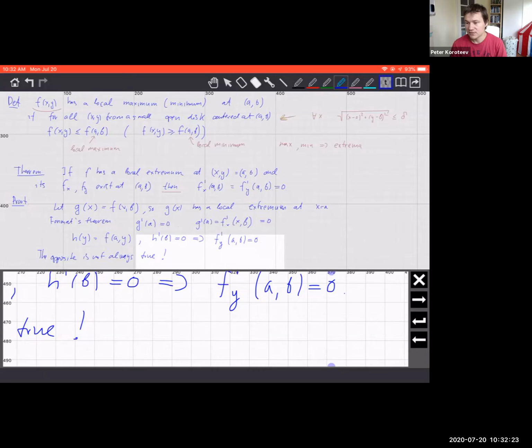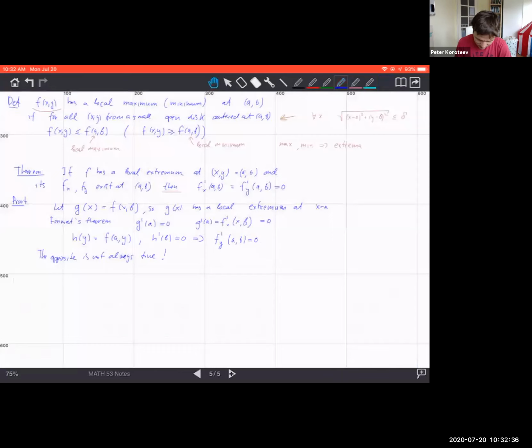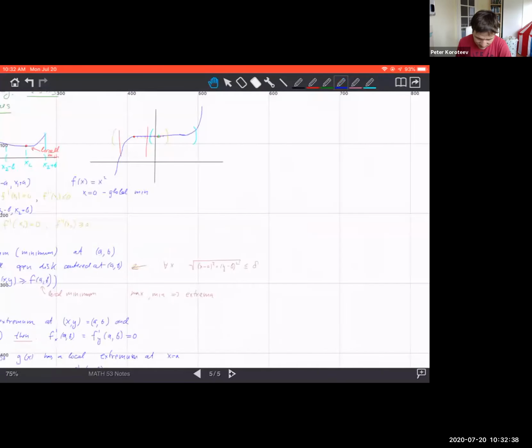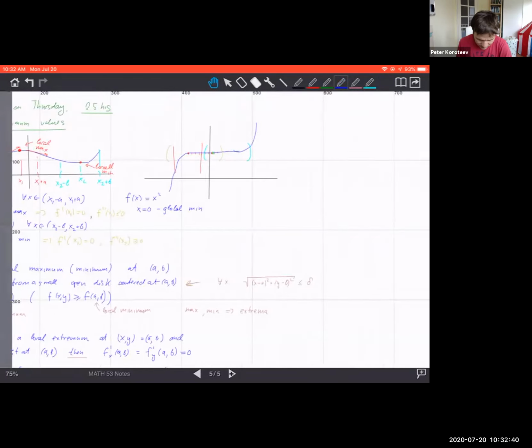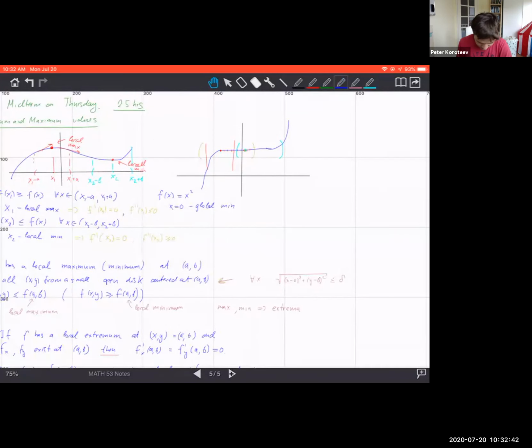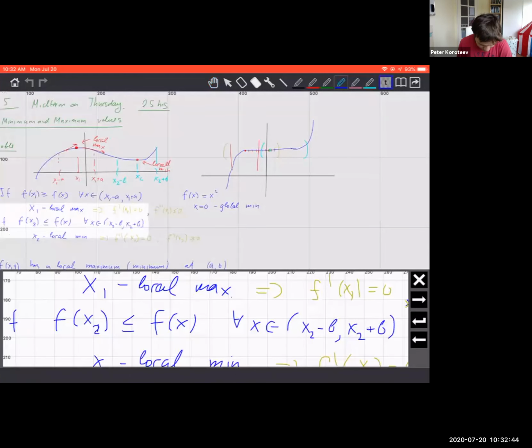Well, actually, Sarah is saying if you take a function y equals x cubed for one variable, the derivative is 0, but there is no local minimum or maximum. So let's get back to my comment in the beginning. Because we define local minimum or local maximum, as you see here... Oh yeah, I'm sorry, that's right.